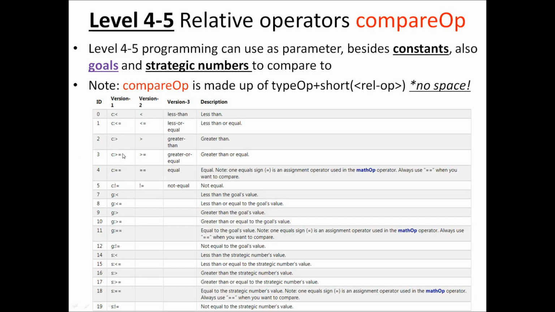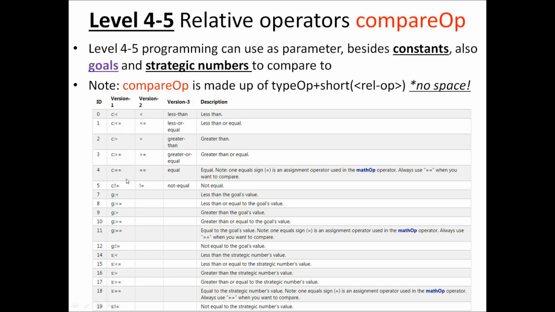When using level 4 and 5 relative operators, you see with constant it's C: less than, C: less or equal to, and so on. Remember, you still need a space before the C and you still need a space after the symbols.